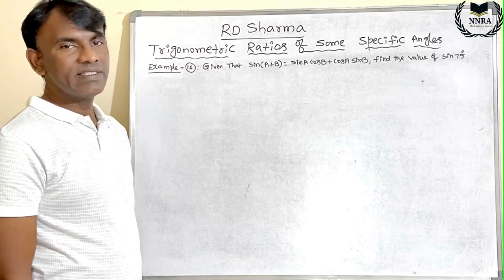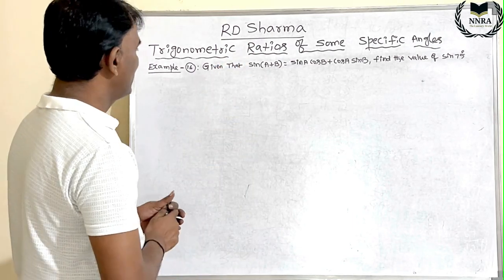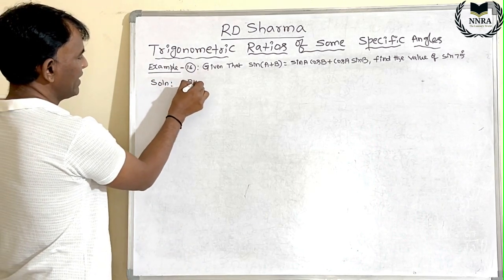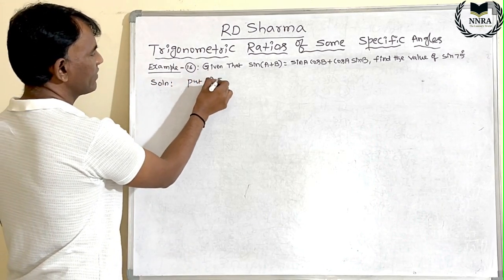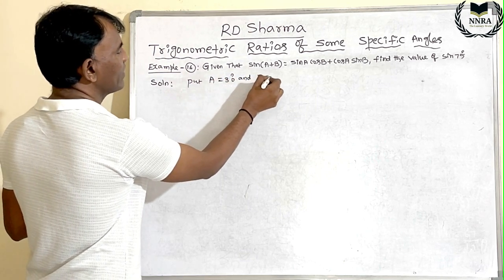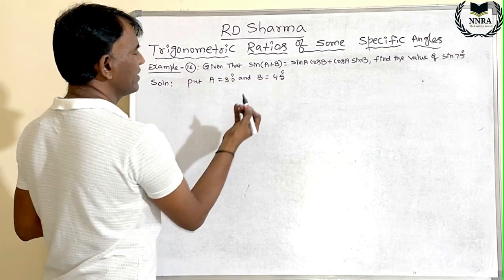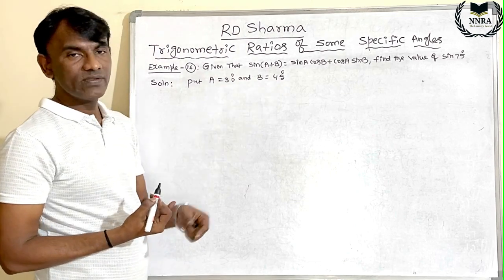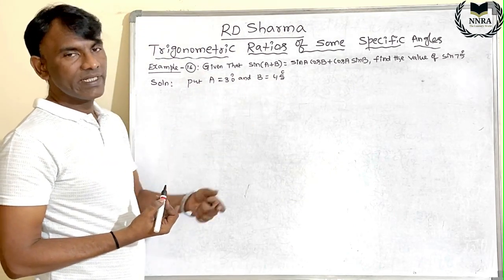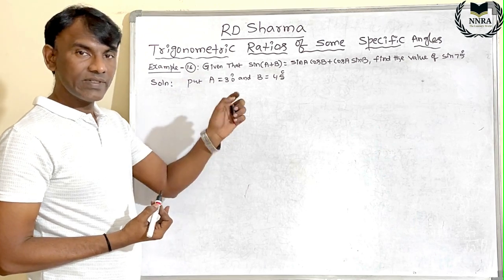Now just put a equal to 30 and b equal to 45, then we get a plus b equal to 75. Otherwise write a equal to 45, b equal to 30 also. In that case also we get the same answer.